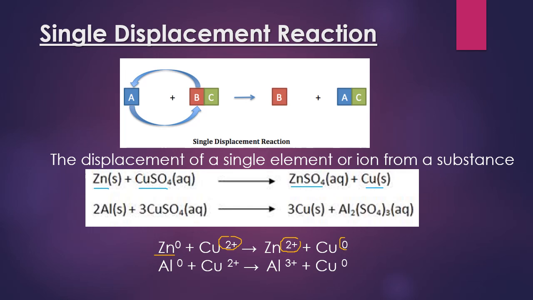Copper is by itself, so it has now gone from a +2 to 0. So there's a transfer of electrons here. We have zinc giving up 2 electrons to go from a 0 to a +2 state, and it's giving those 2 electrons to copper so that it can go from a +2 to a neutral state. You can see a similar occurrence with the aluminum and copper in the second example.